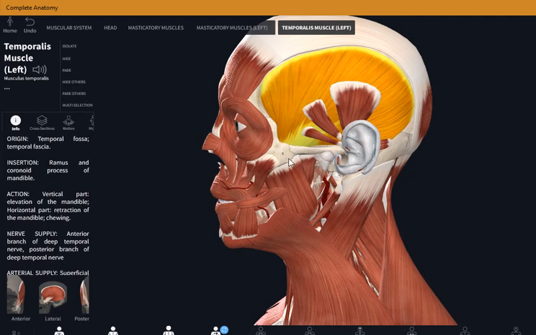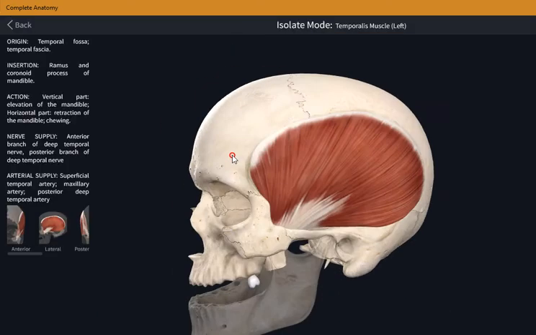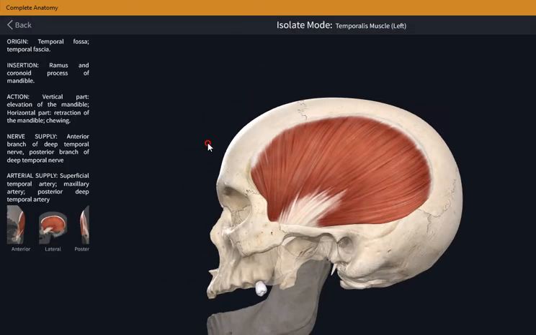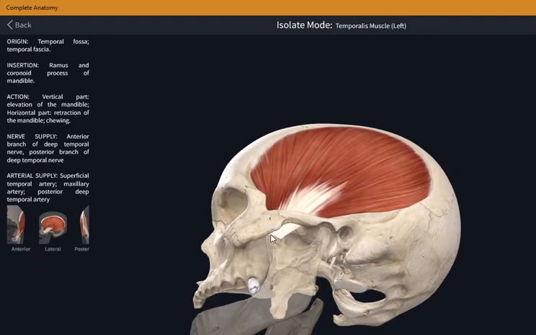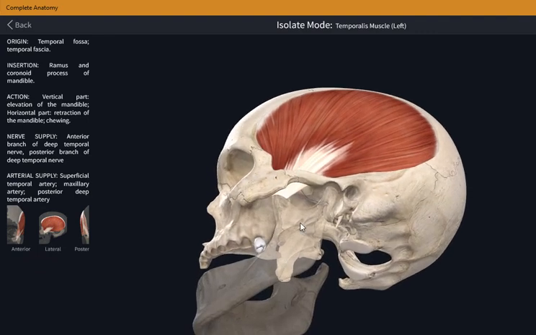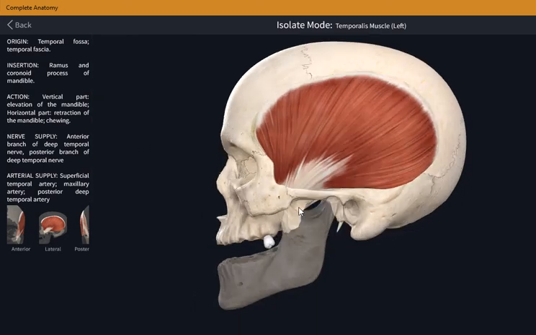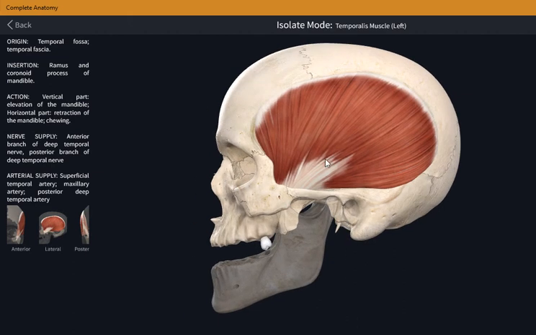It's somewhere here. So when we isolate the muscle, we now see very well where it's going to insert, at the level of the coronoid process of the mandible. The action is vertical elevation.